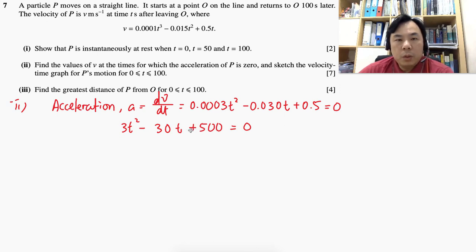From here onward, we are going to determine the time first. Let me see whether I'm able to factorize this correctly. Let me do this very quickly here. 50, 10.